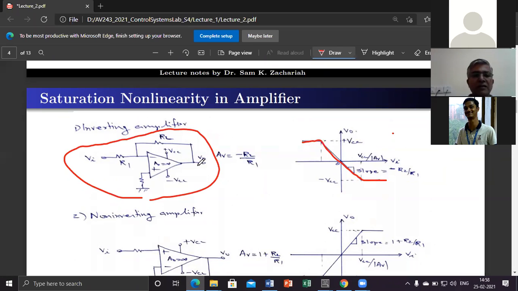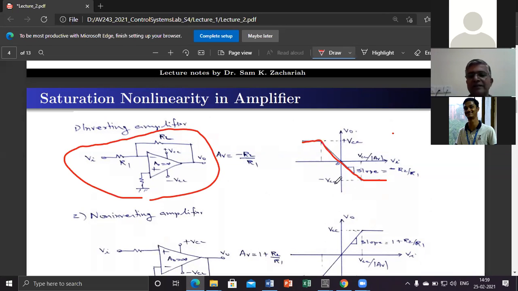Depending on the particular material, whether it is germanium or silicon-based semiconductor device, there will be a drop. So to be on the safe side, you can assume some 1 or 2 volt difference. If plus VCC is 15 volt, you can put that cutoff at 13 volt.